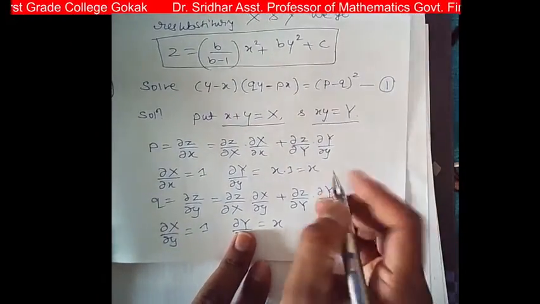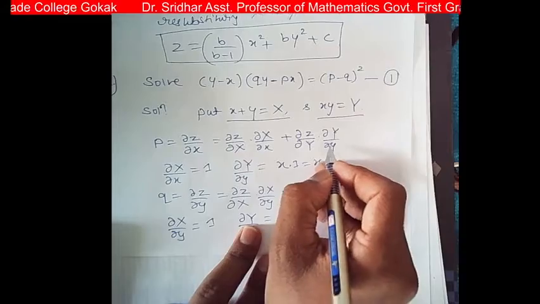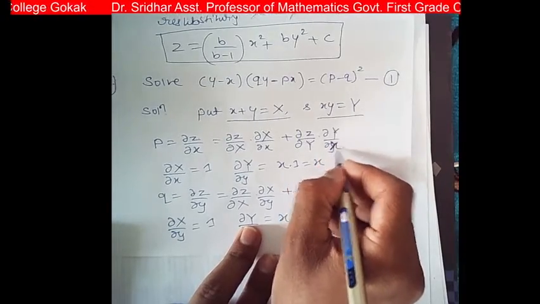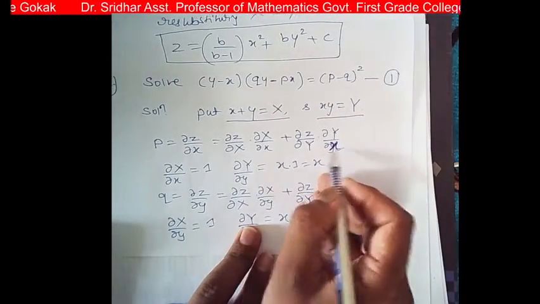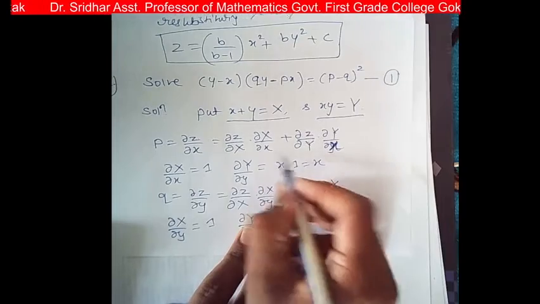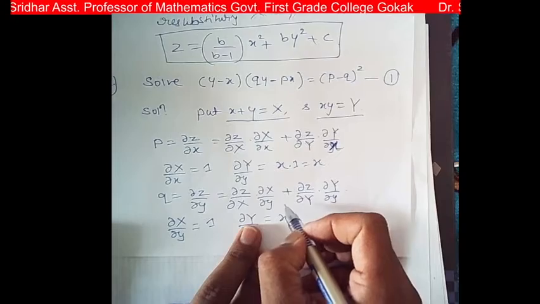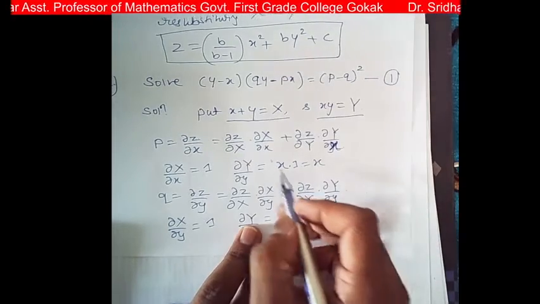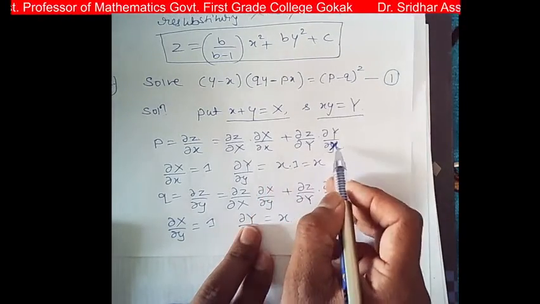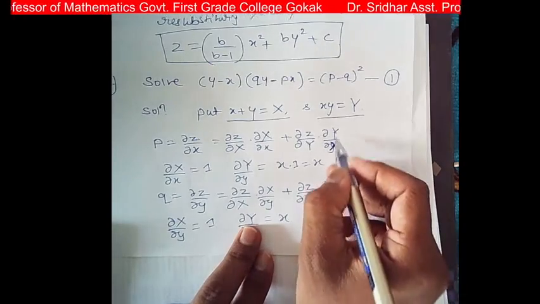Okay, so just one correction you have to make. So this is ∂Y/∂x. So both are with respect to x only. Okay, both are with respect to x, and here both are with respect to y. So here we have taken correct here, but here it should be both x. Okay, so then ∂Y/∂x.